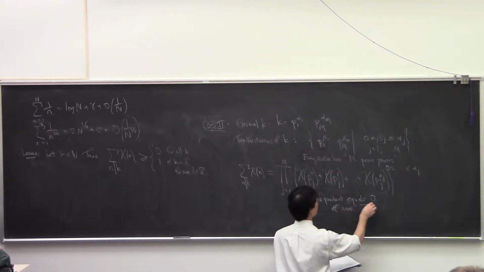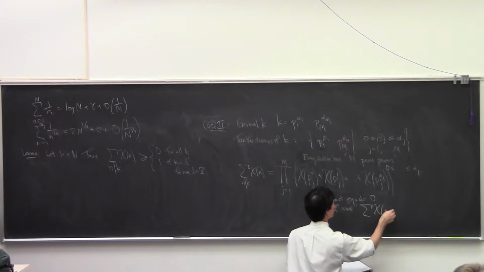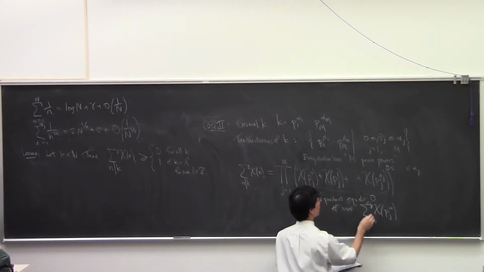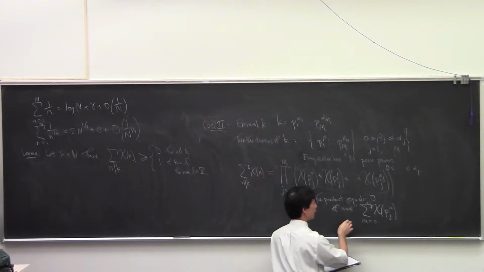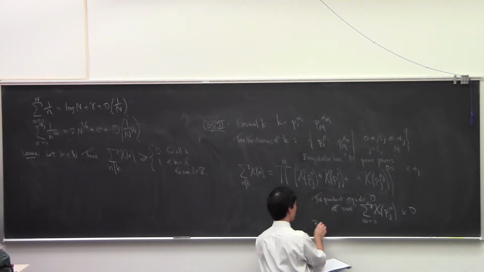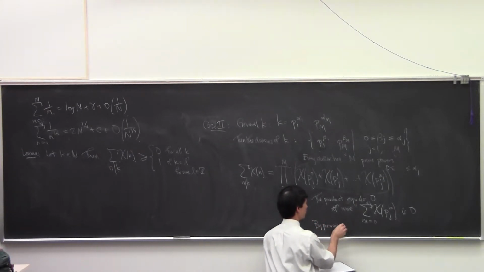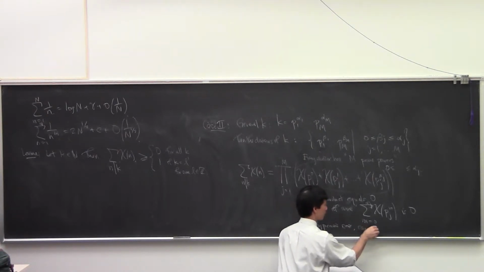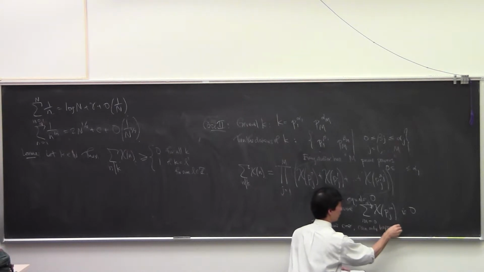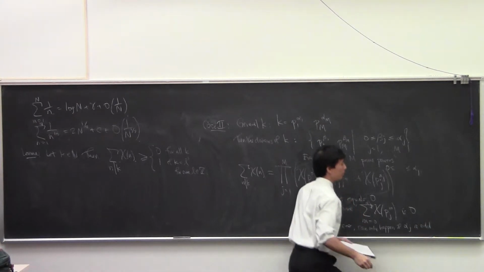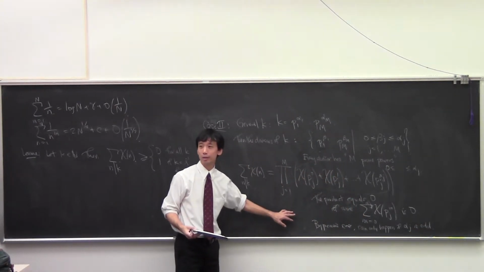Some sum over m from 1 to alpha j is 0. But by the previous case, this can only happen if alpha j is odd.